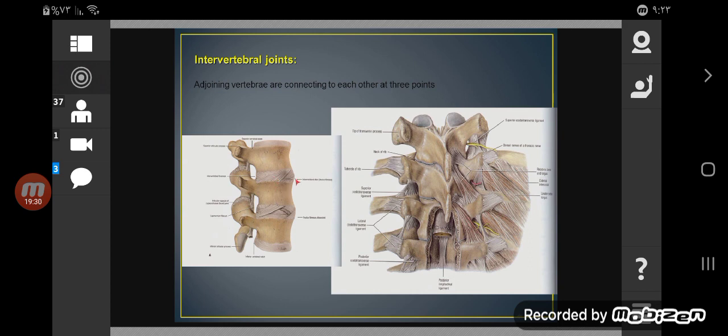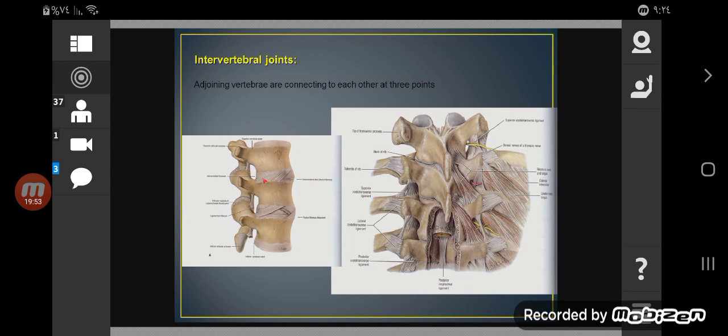One is the joint between the bodies of the vertebrae, this one. By the intervertebral disc, two bodies are connected together. The type of this joint is the symphysis, as I told you before.